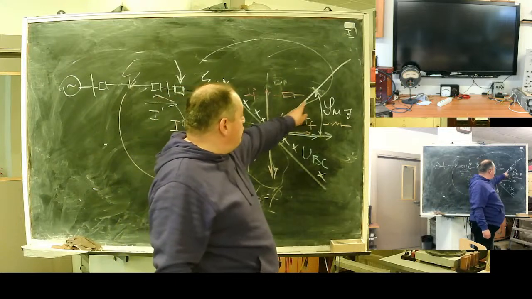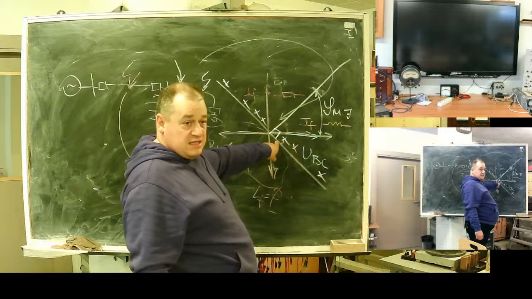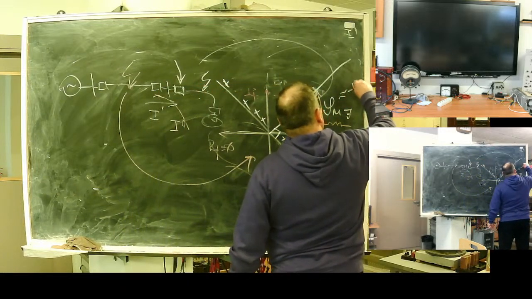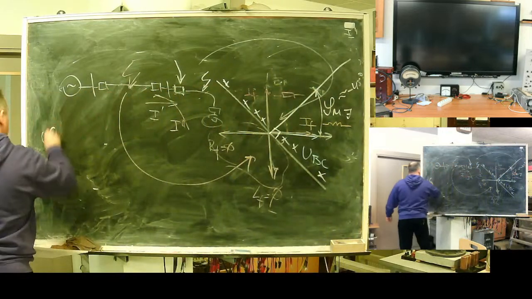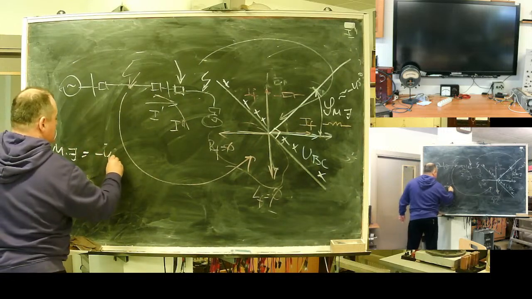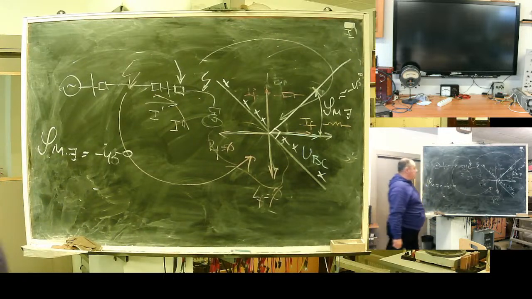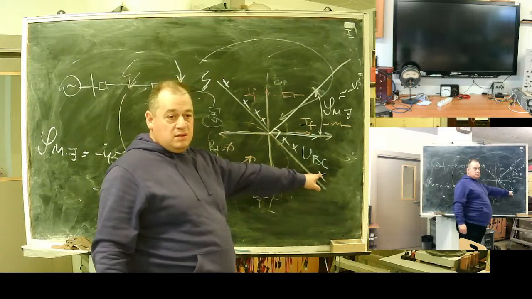And what will be the angle? If I take even distance, this angle should be something like minus 45 degrees. Actually, this straight line works.